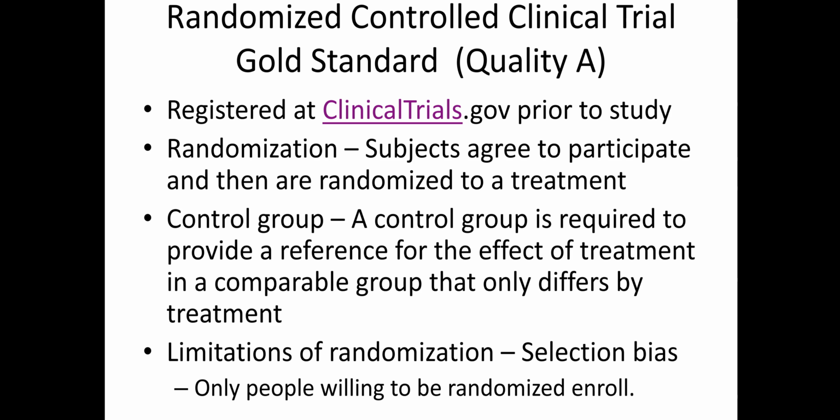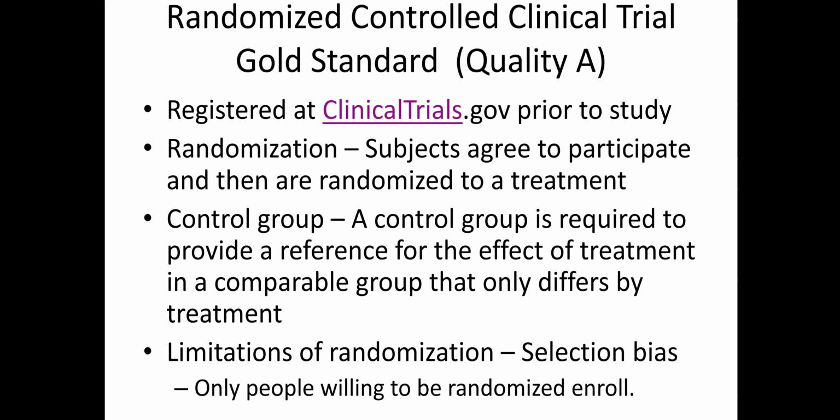Another core feature is randomization. Subjects agree to participate in the study, and then they are randomized to a treatment. So those people on clinical trials, they call up and say, I want to be in the study, and they say that's fine, but you're still randomized to one group or the other.